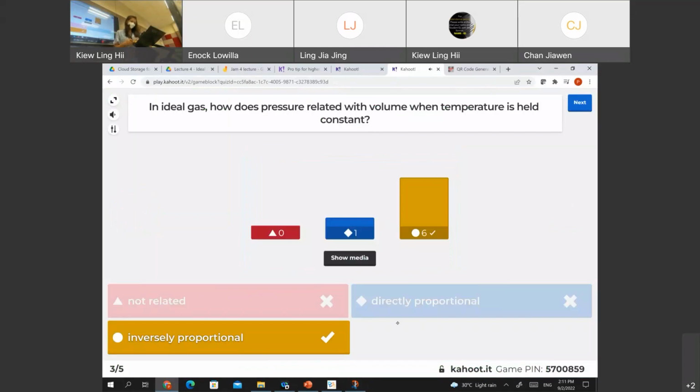Inversely proportional, also from PV equals nRT. Temperature is now constant, so the right hand side is a constant value. So an increase in P will cause a decrease in V. So they are inversely proportional.